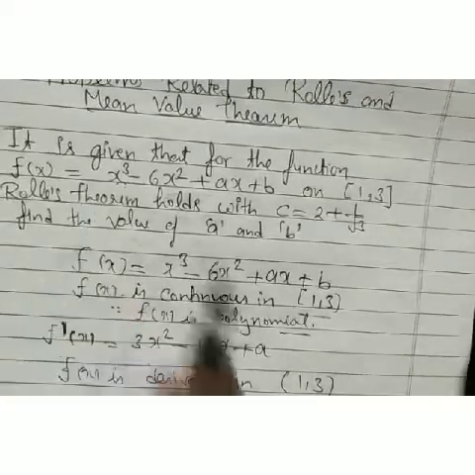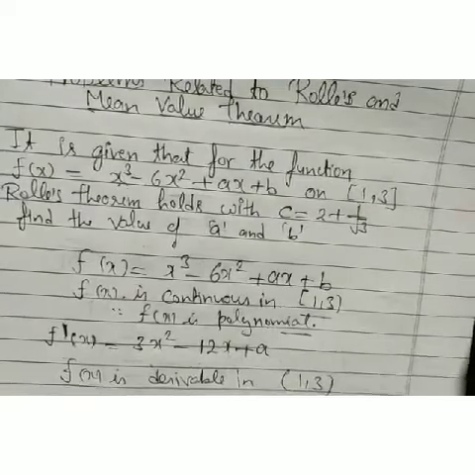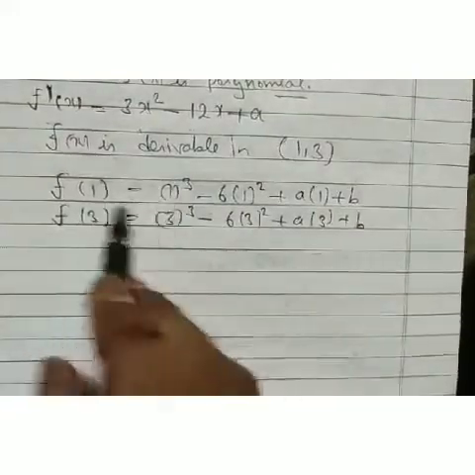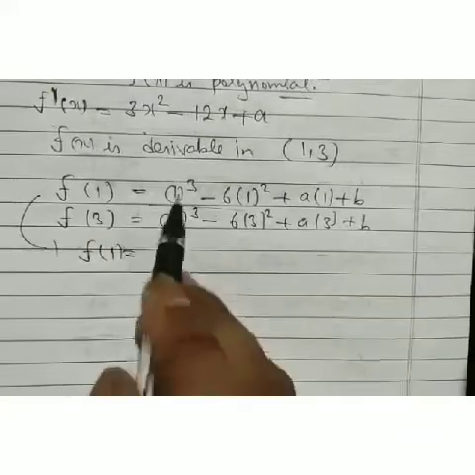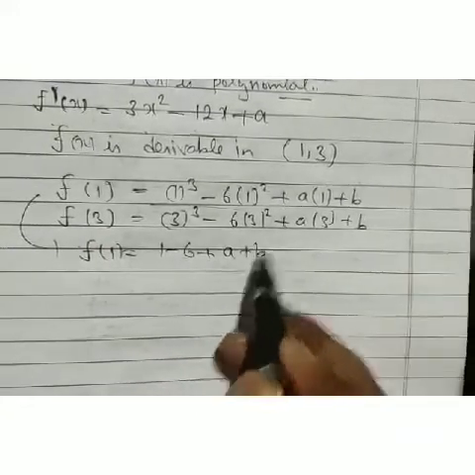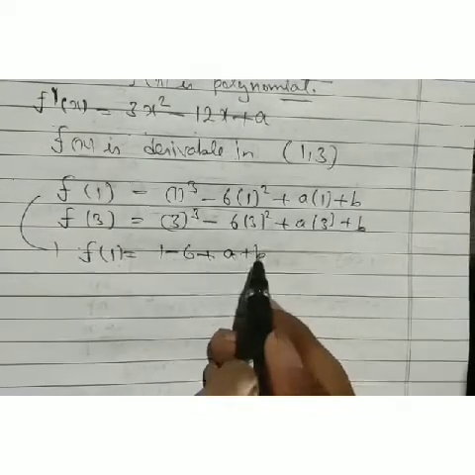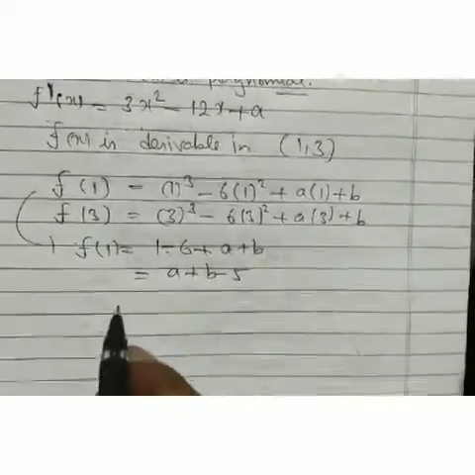After solving, f(1) is 1 minus 6 plus a plus b, which is a plus b minus 5.